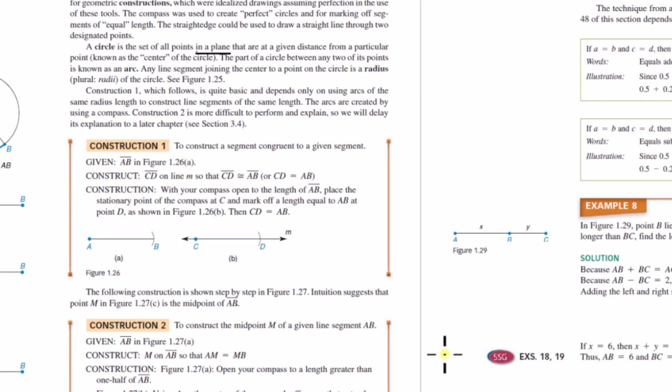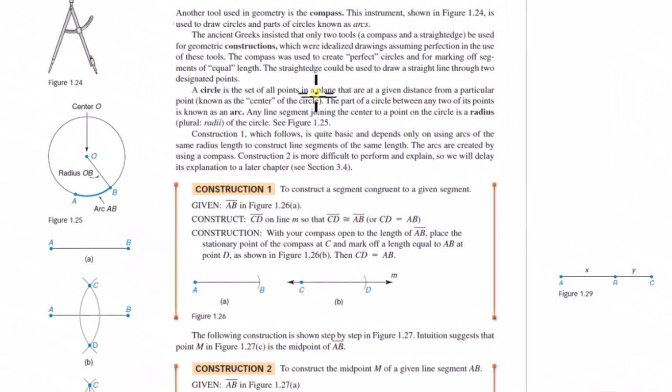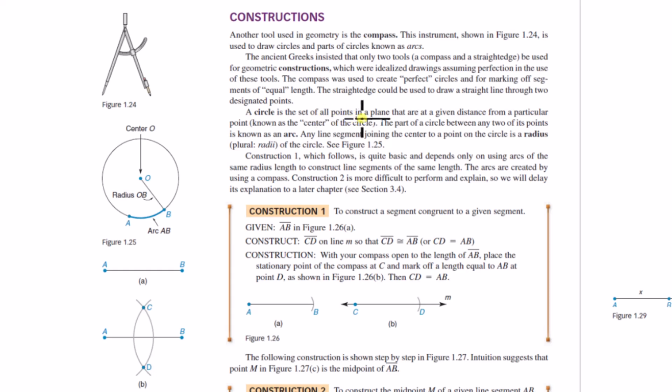Again, if we come back to the definition of a circle, it's the set of all points in a plane, and all of those points are a specific constant distance from a particular point known as the center of the circle. Now, the center of the circle is obviously enormously important for a circle. Saying the center is not a part of the circle is confusing, because if it's not a part of the circle, then it's a blood relative of the circle. You know what I mean?